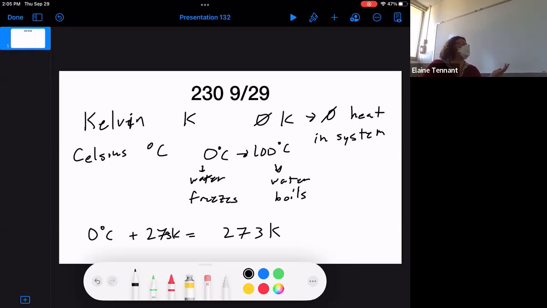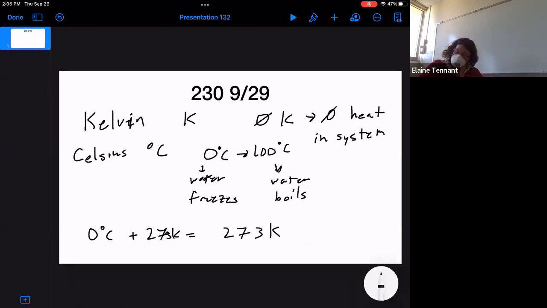So to convert between Celsius and Kelvin, you just add 273. Now, let me ask you, if I took the difference between two temperatures, so I had like T2 minus T1, and I wanted to make sure I got the right answer, would it matter if I were in Celsius or Kelvin?